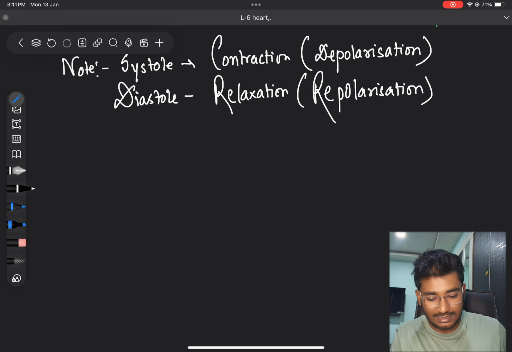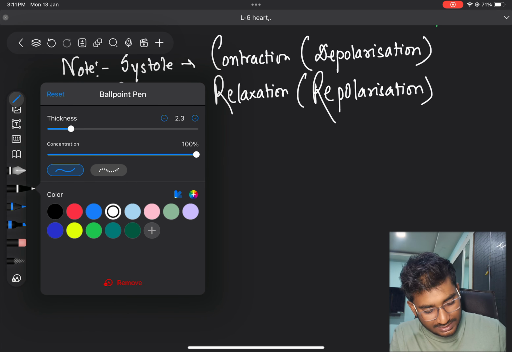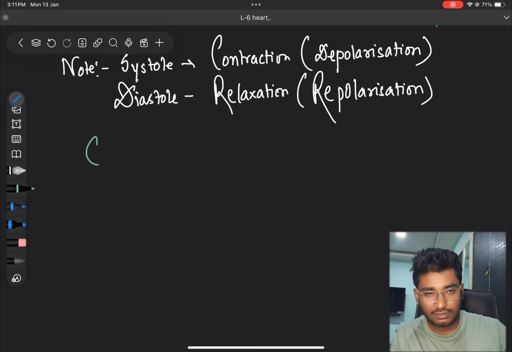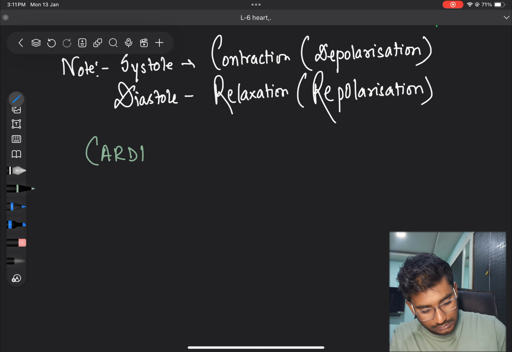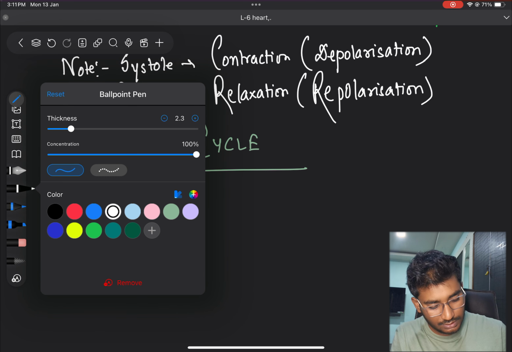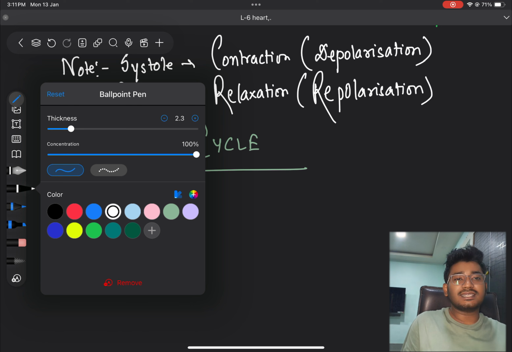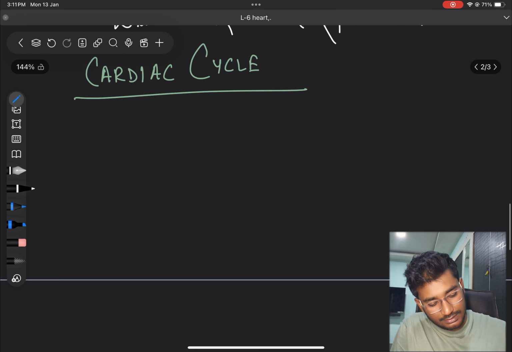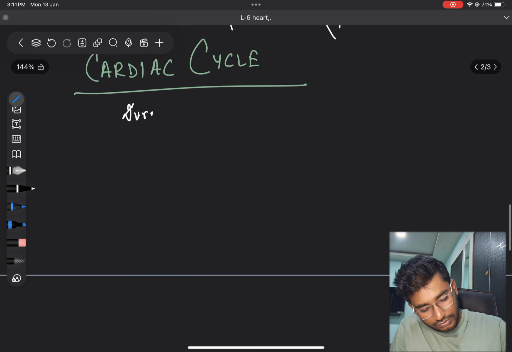Okay, completed. Now we come to the cardiac cycle. Give the topic as cardiac cycle, a very important topic. The total cardiac cycle takes about 0.8 second.